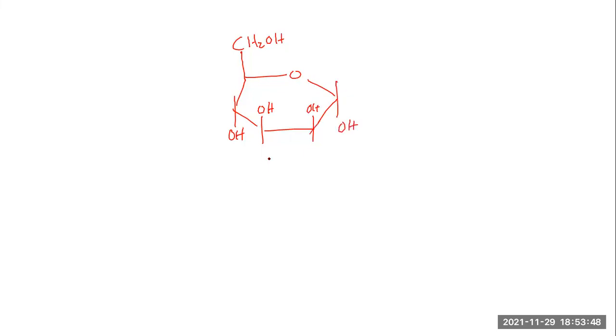Okay, so let's say we wanted to take this guy back to the straight chain. So we want to go back now, and maybe we want to do L or D. Let's choose D, why not? So let's say we want to draw the D of this guy in the straight form.